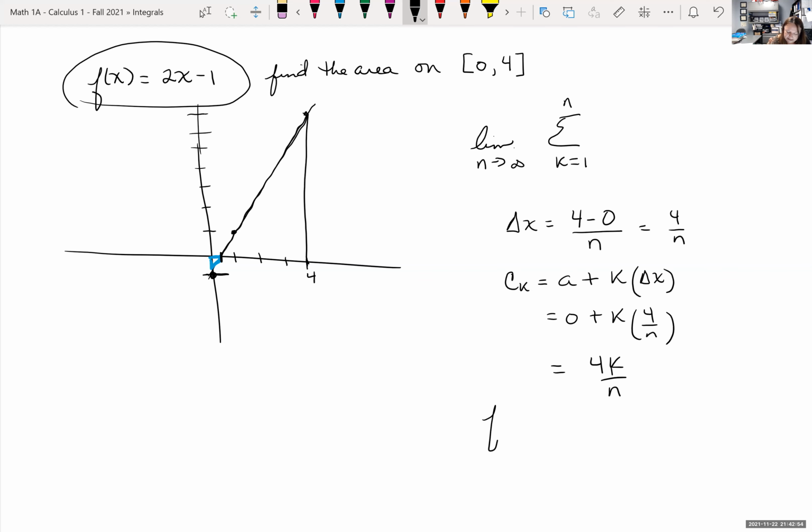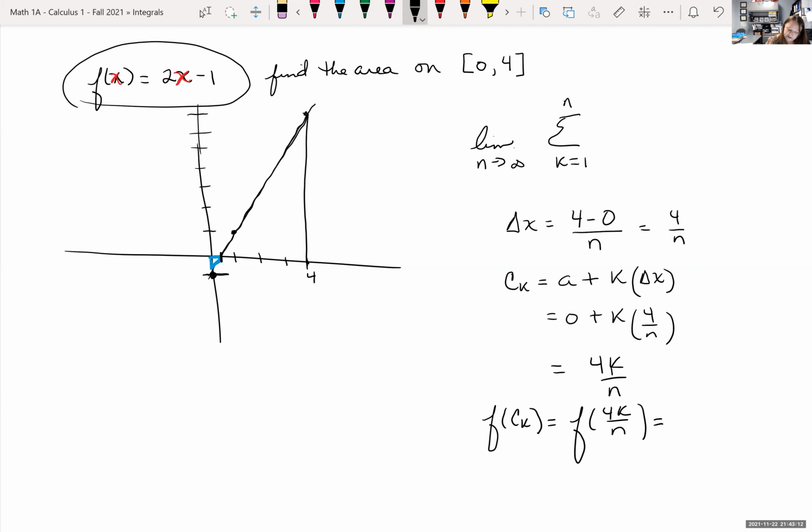So I need to look at f of c sub k, which is going to give me the height. So f of 4k/n. So we're just going to go in there wherever we see an x, and plug in 4k/n.